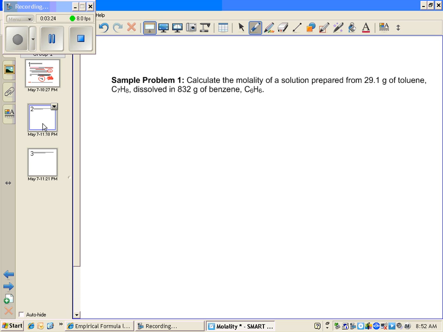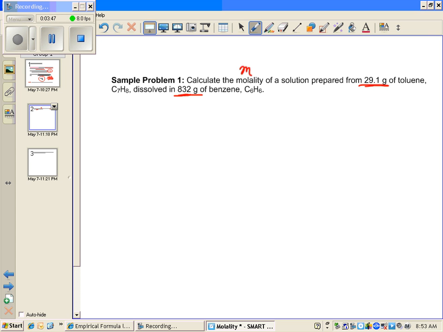Here's the problem. We're going to calculate the molality, so we're looking for little m, of a solution prepared from 29.1 grams of toluene dissolved in 832 grams of benzene. Both are in grams.